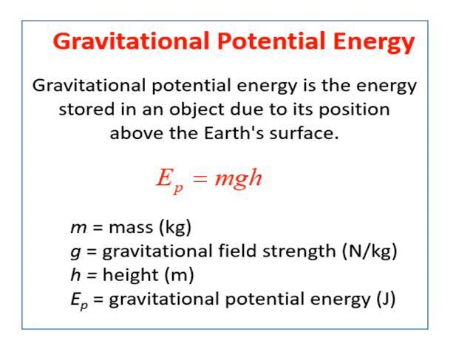So the formula for this is EP, that is gravitational potential energy, is equal to mgh, where m stands for its mass, which should be in kilograms, g the gravitational field strength, which will be 9.8 meter per second square, and h is the height, and EP is the gravitational potential energy.